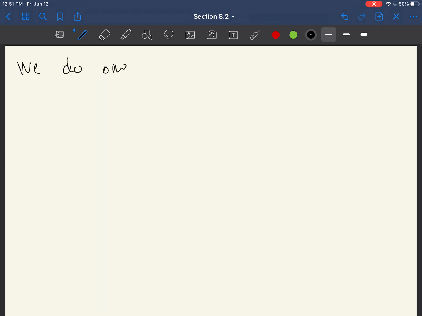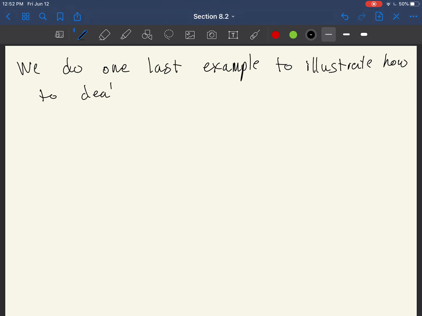Okay. We do one last example for this section. And we do this example to illustrate how to deal with integrals where neither of the terms is ever going to terminate.